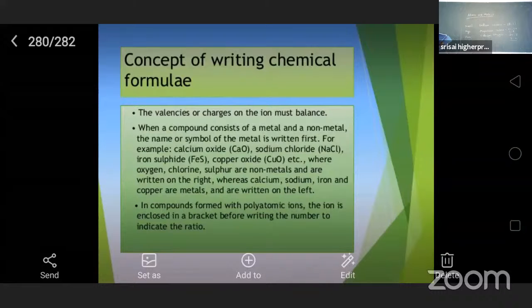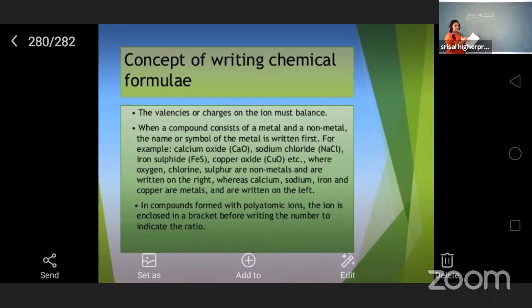Then after this, table 3.6 is there, no? Then you have to remember positive cations and anions. What is an example I will take from this one?